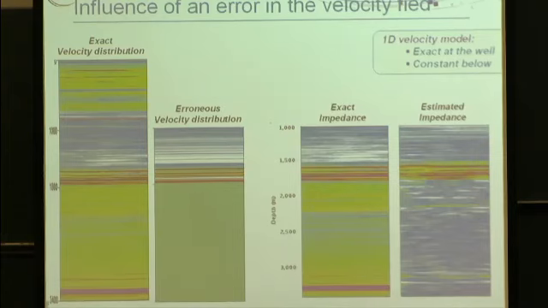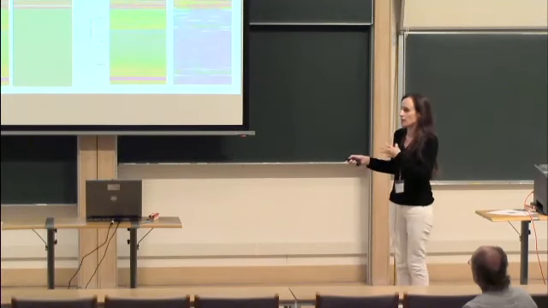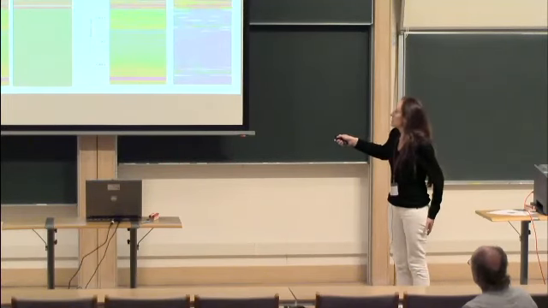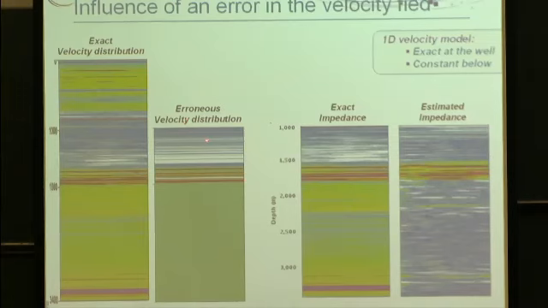But of course, we cannot obtain this estimation some hundred meters away from the well and below the well. To tackle the problem of sensitivity to the velocity distribution, I have run the inversion with an erroneous model, a 1D model. The velocity is exact at the well, but it is 1D, and below the well it is constant.